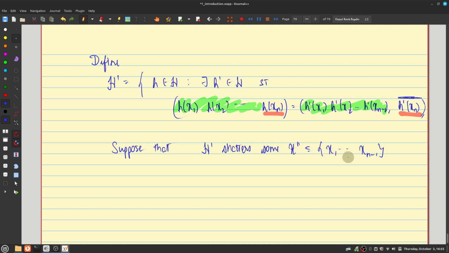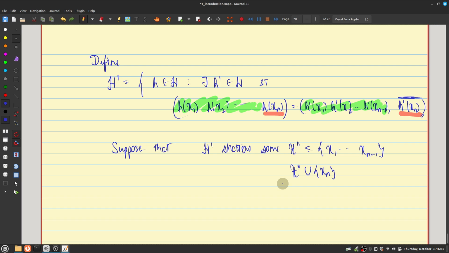So I take an arbitrary subset of the first n minus 1 elements of xn, and let us say that for this particular subset, h prime shatters this. All right, what can I say about x double prime union xn? Does h prime also shatter x double prime union xn?